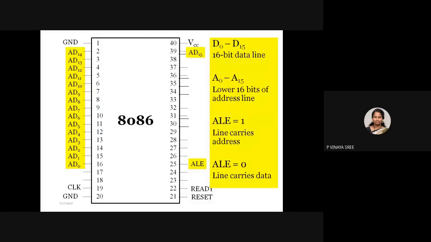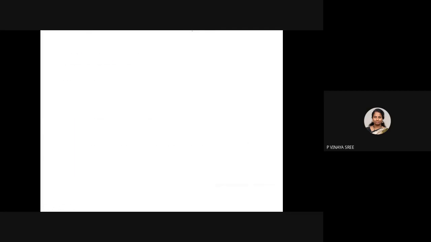Next, we studied the pins AD0 to AD15. AD indicates A is address, D is data. Last class we discussed that in 8086 we have a 16 bit data bus and 20 address bits.